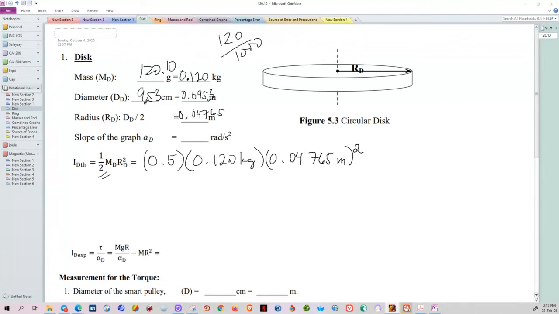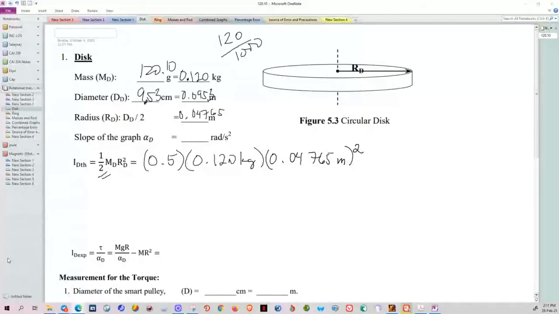Only one student replied with the correct answer so far. 1.36 by 10 raised to minus 4. If you will type it, you will type it like this. Gasem, he got it correctly. 1.36 by 10 raised to minus 4. Okay, or asterisk is fine.